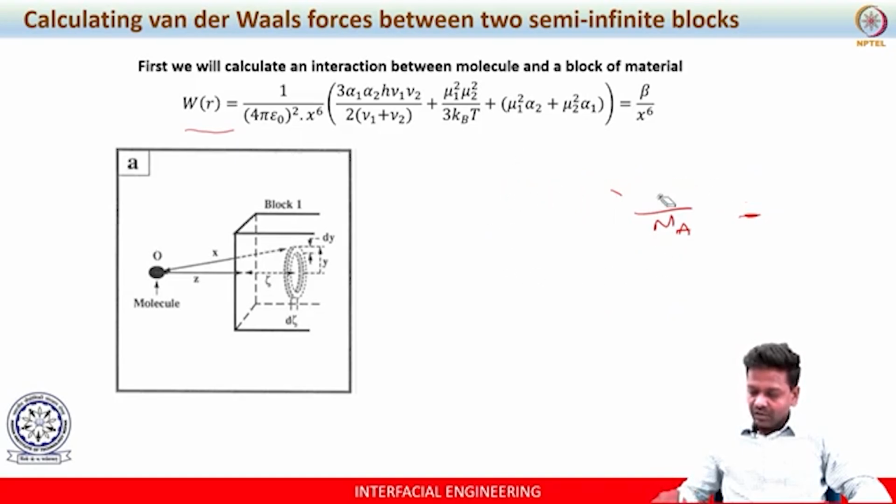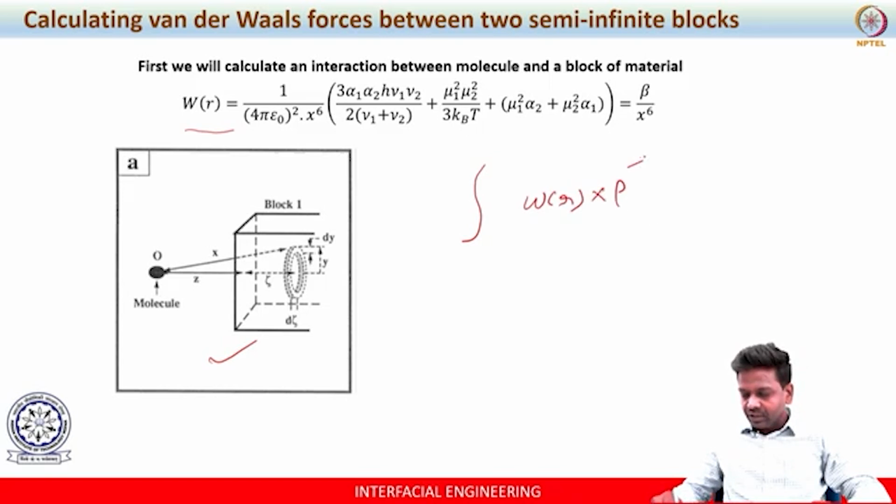So let's consider this case, which is shown in the schematic already. How can we write this? We have WR multiplied by rho, where rho is the density, Na is the Avogadro number, and Ma is the molecular weight. A represents the molecules of a particular species.